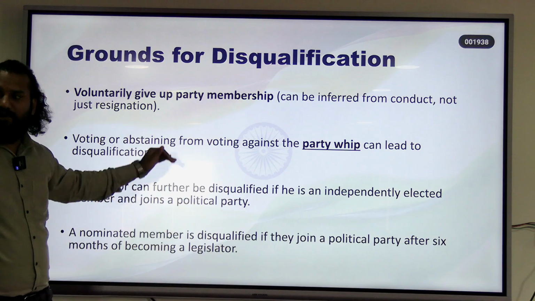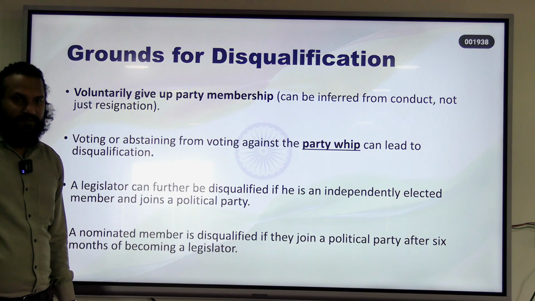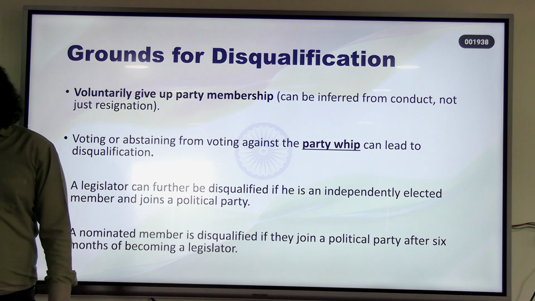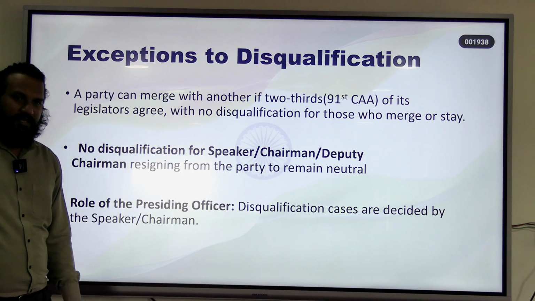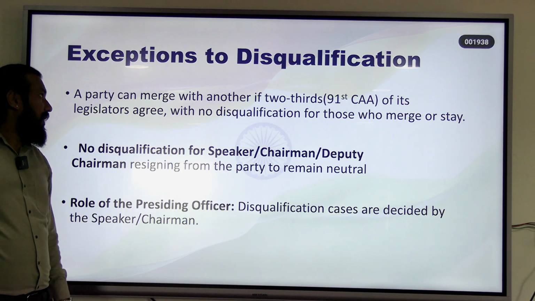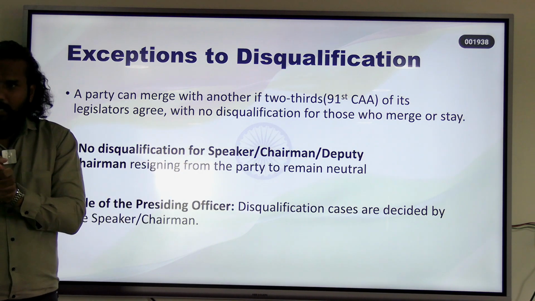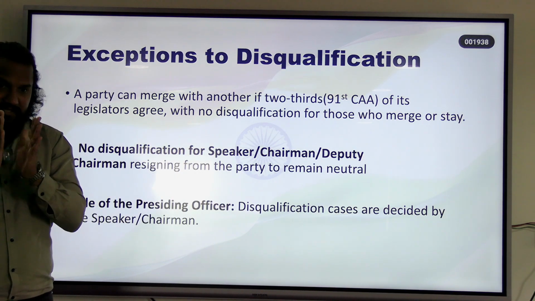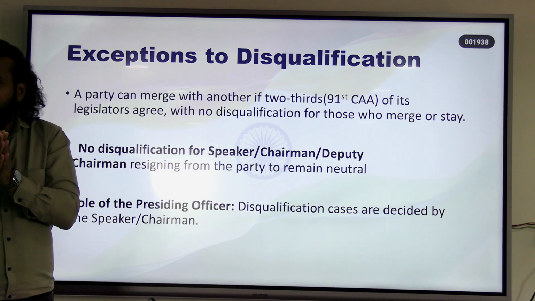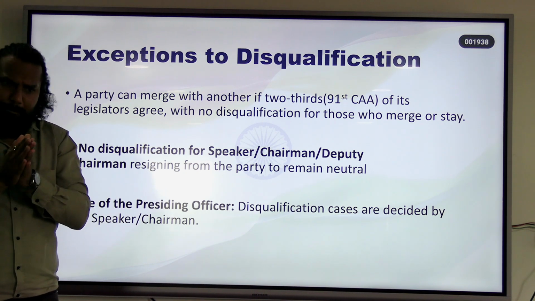So these are the grounds for defection. Now, is there any exception? Yes, exceptions are there. So what are those exceptions? Party legislatures, that means elected members, either MLA, MLC or MP.